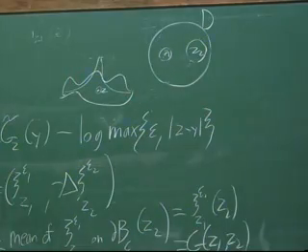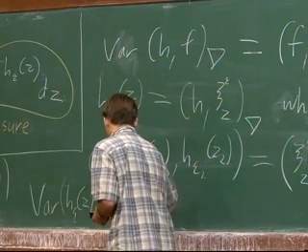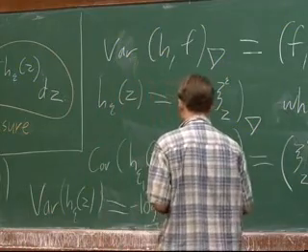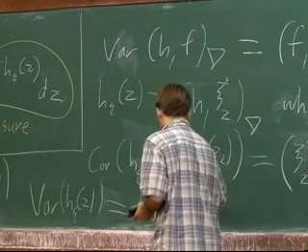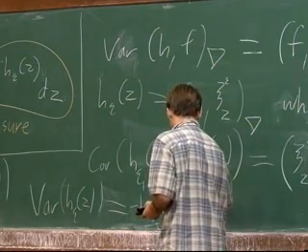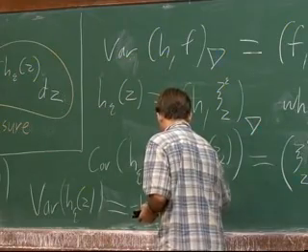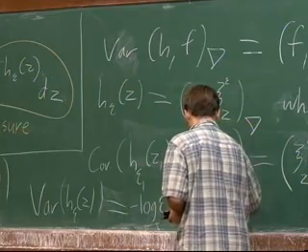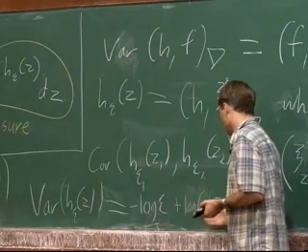So essentially I get minus the log of epsilon, plus the log of this conformal radius of z and D. Don't worry about this too much.